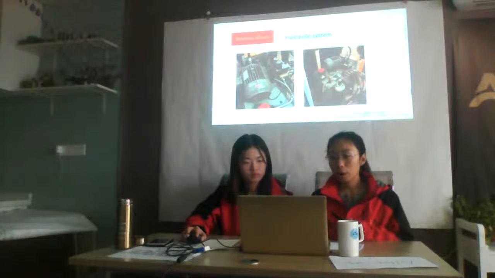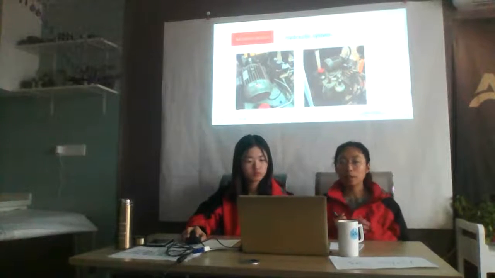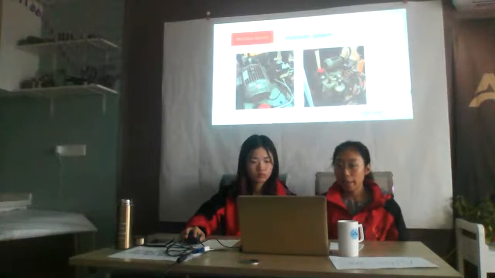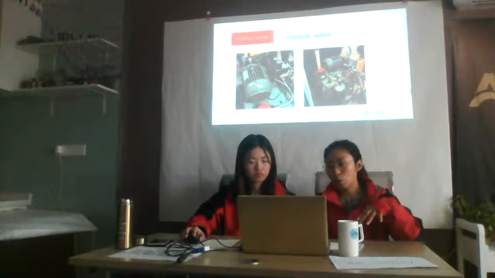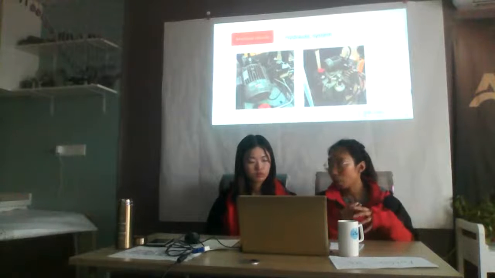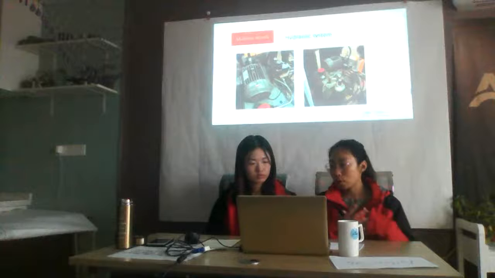And the next part is the hydraulic station. The hydraulic station has some different uses for the machines. On the standard speed CNC plate drilling machine, the spindle needs a hydraulic station to provide the power for the spindle to move or process.